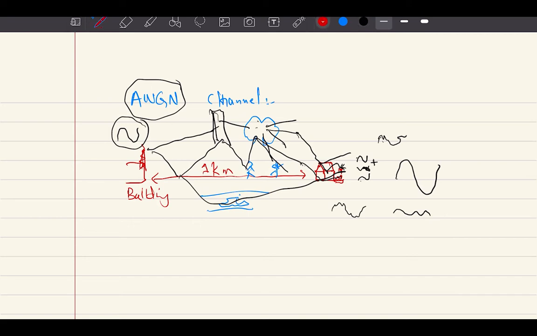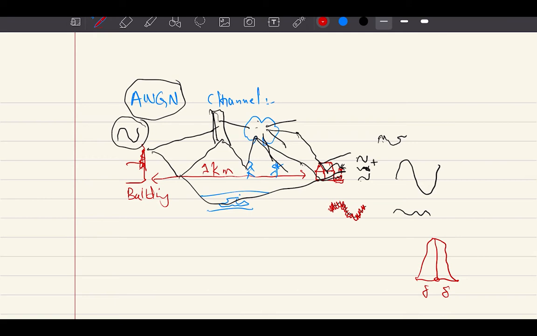And why is it called white? Because the level of the noise will be the same, like the white color, which has the same reflection. That's why it is termed white. And it is Gaussian because it has the Gaussian shape with zero mean and some standard deviation.